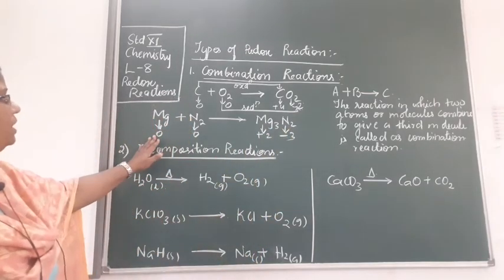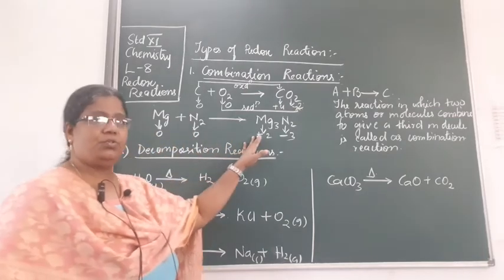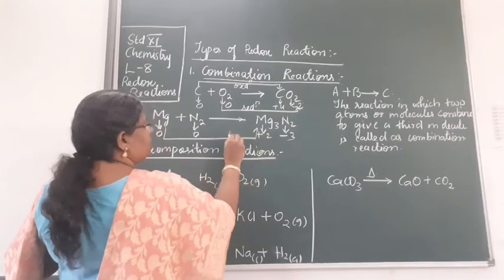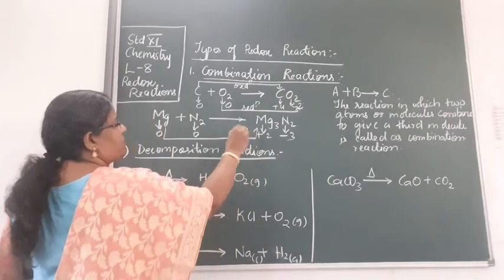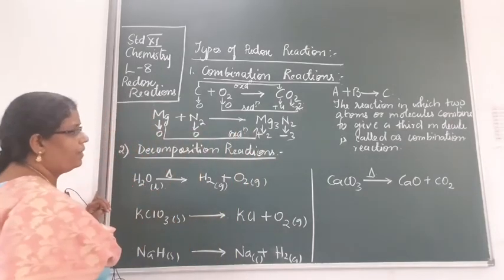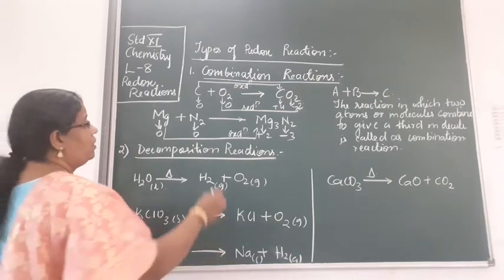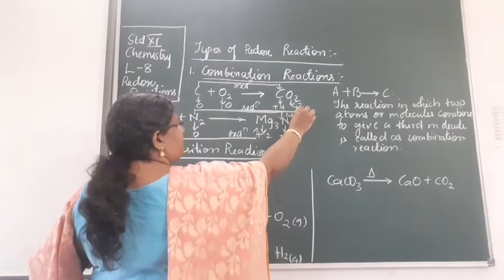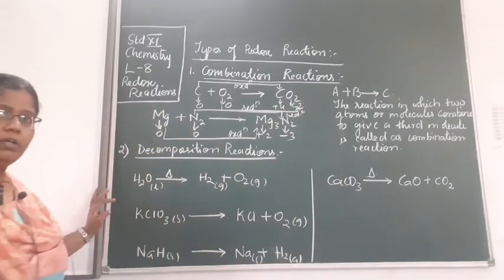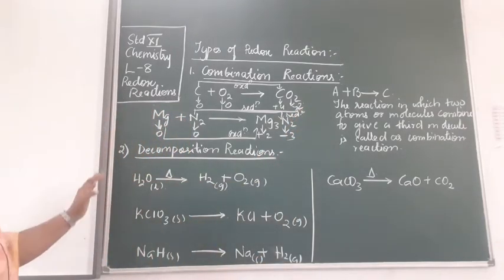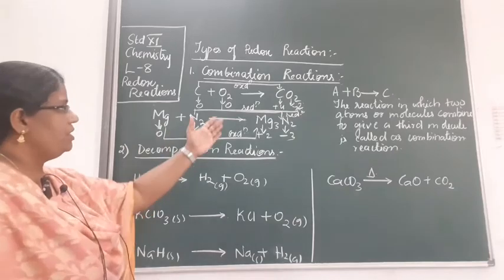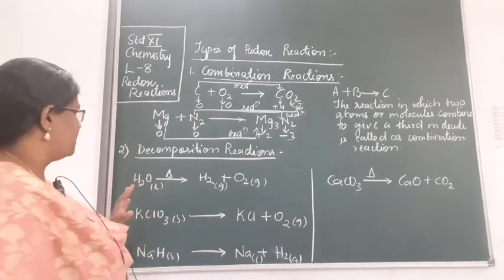So Mg goes from 0 ऑक्सीडेशन स्टेट to +2 ऑक्सीडेशन स्टेट, मतलब ये तुम्हारा ऑक्सीडेशन प्रोसेस हो गया, and N2 goes from 0 to -3 ऑक्सीडेशन स्टेट, तो मतलब ये तुम्हारा reduction बन जाता है. Followed or not? Okay. So that is combination reactions, which are one of the types of redox reaction. Here oxidation and reduction both are occurring, please note that.